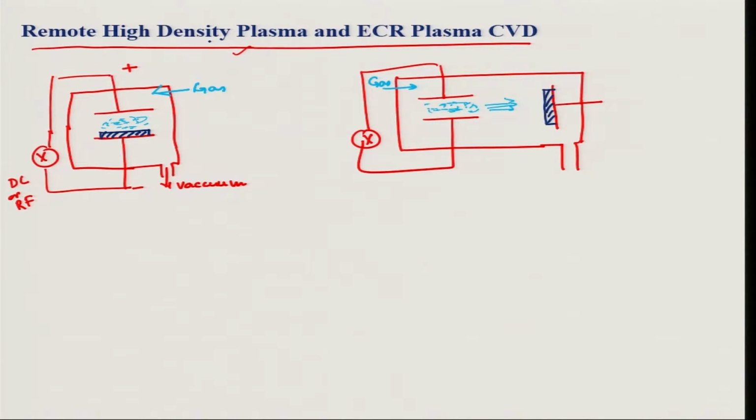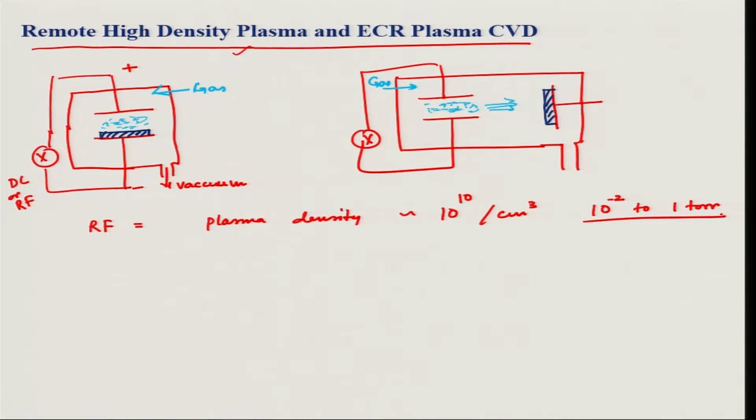Typically for RF frequency the plasma density is around 10 to power 10 or 10 to power 11 per centimeter cube in an operating pressure range of 10 to power minus 2 to 1 torr. In this pressure range my plasma density is typically 10 to power 10, and the degree of ionization is around 10 to power minus 4.